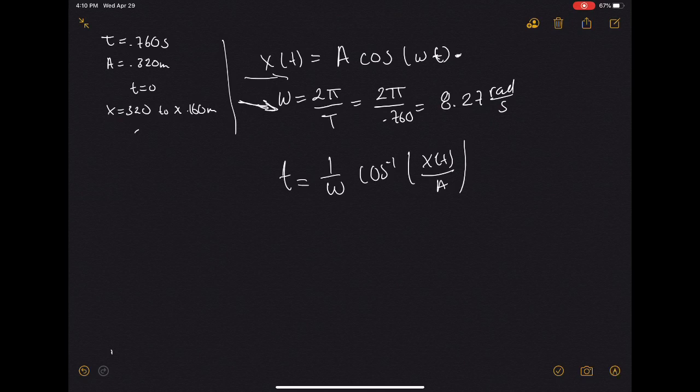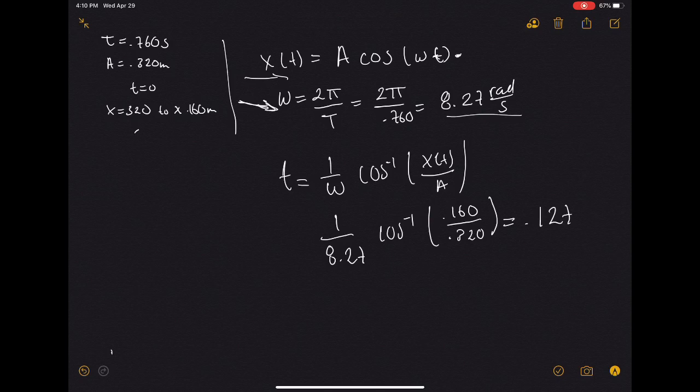So we plug in 1 over the 8.27 that we already got, times the inverse cosine, where x of t is 0.160 and the amplitude is 0.320, and that is going to give us 0.127 seconds, and that's part A.